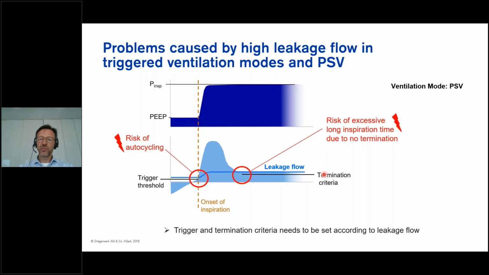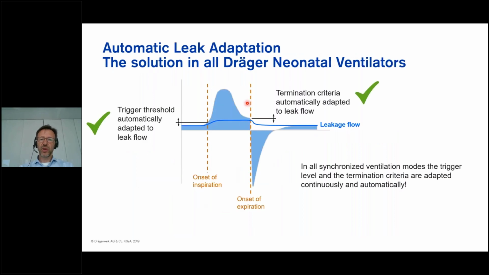If the termination criterion is adjusted below this leakage flow, then the breath is virtually not terminated properly. Therefore, it would be necessary to continuously readjust these two triggers, the trigger for inspiration and the trigger for expiration. And as we knew right away, this is virtually impossible for any user to do continuously.